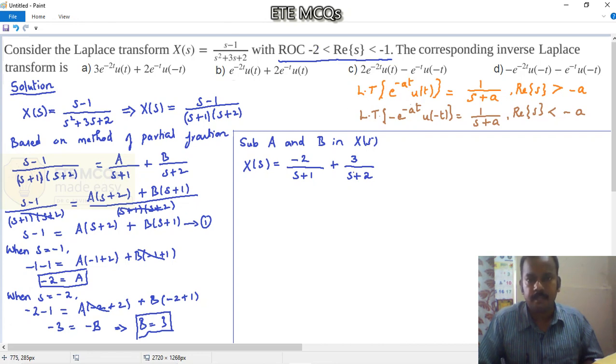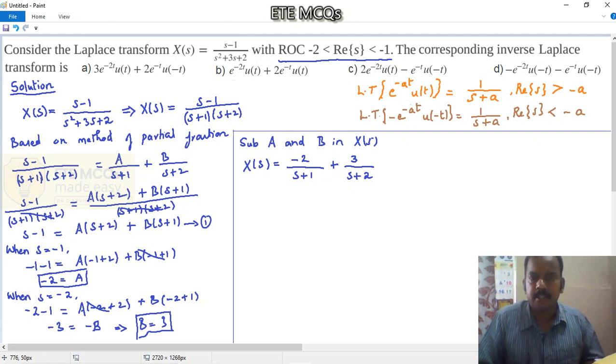Likewise, since you have the real part of s less than minus 1, the pole which corresponds to this is 1 by s plus 1. Ignore the constant. The pole will be minus 1. So this should correspond to a left-sided sequence.